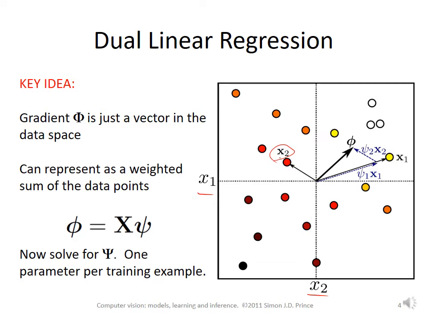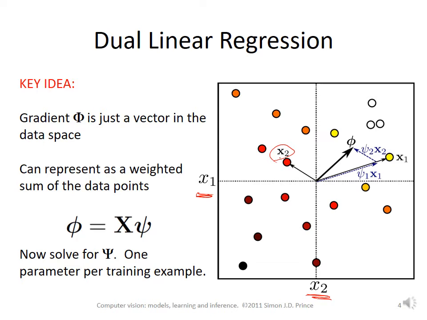Now, if we think of our phi vector as being some vector inside of this two-dimensional space, weighting our first and second dimensions, then you can see that any point on this plane can be expressed as some linear combination of our data points.